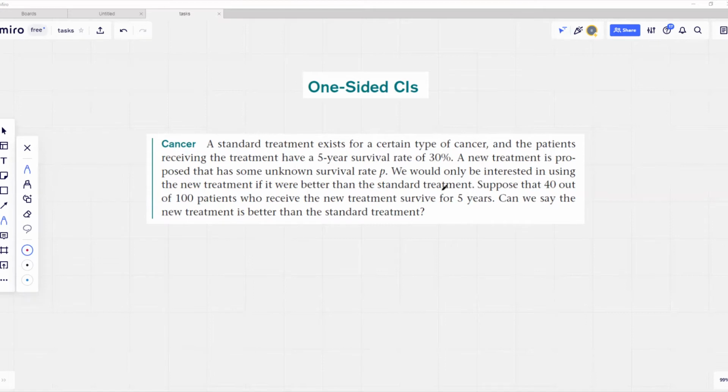So we are only interested in whether this new survival rate is greater than 30% or not. So we'd like to build a confidence interval with only lower bound. And suppose that 40 out of 100 patients who receive the new treatment survive for 5 years. Can we say the new treatment is better than standard treatment?